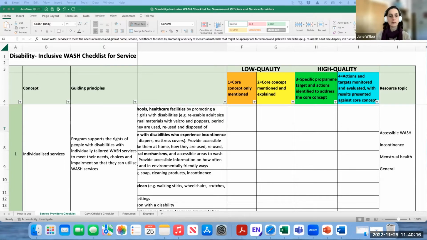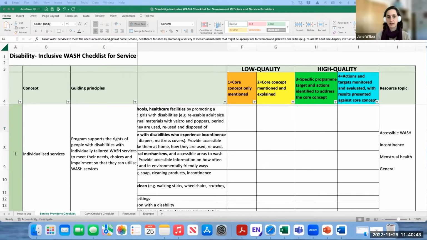If the reference to the concept is awarded a score 3 or 4, these are high quality scores because the information provided in the document includes specific actions and intention to monitor progress. So concepts that are awarded a high quality score are likely to result in disability inclusion.